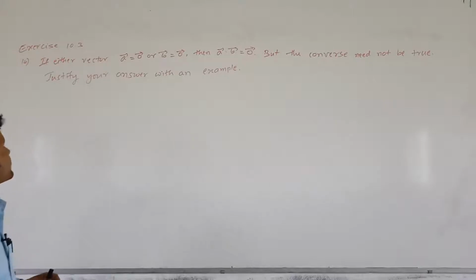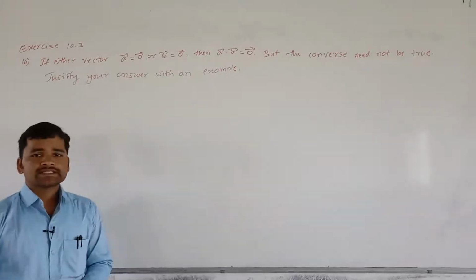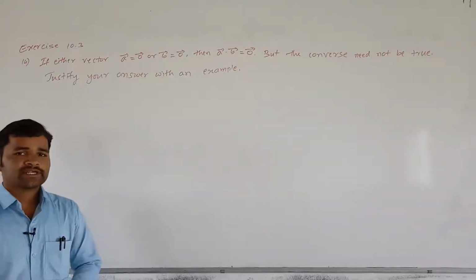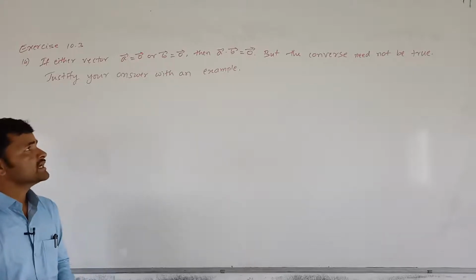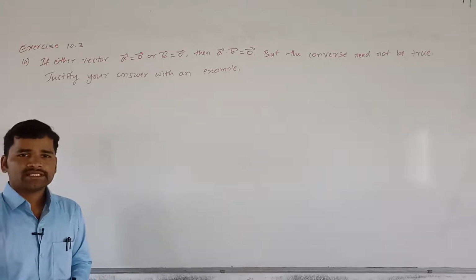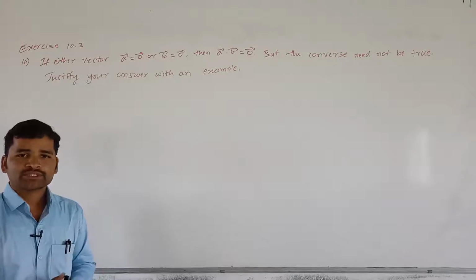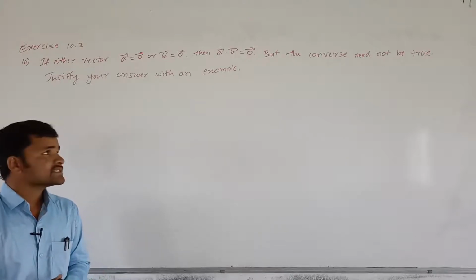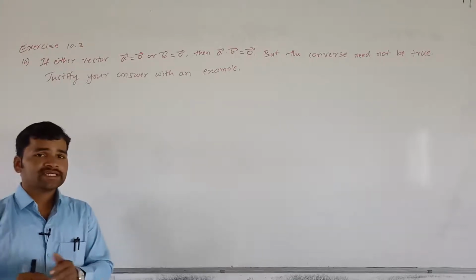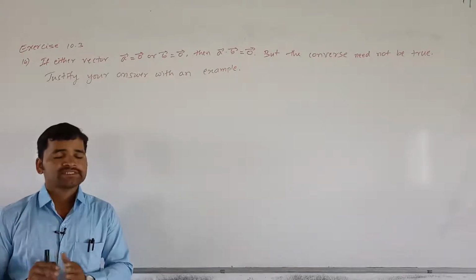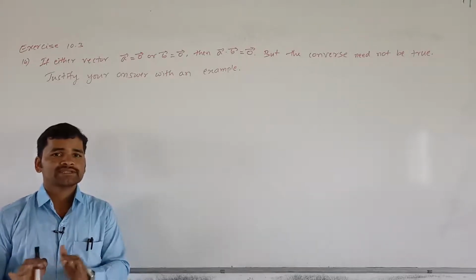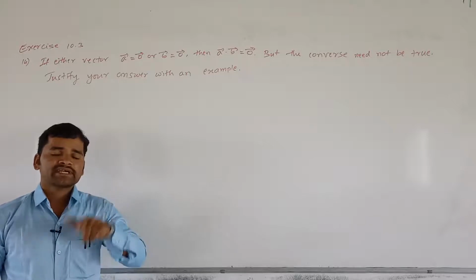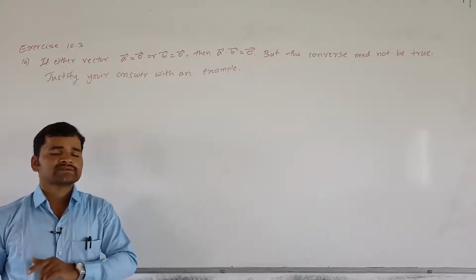Here they have given you that if either vector A is equal to 0 vector or if vector B is equal to 0 vector, definitely A dot B will be 0. But converse is not true, they are saying. Converse in the sense here, if A dot B is equal to 0, then there is no rule like either vector A is equal to 0 or vector B is equal to 0.